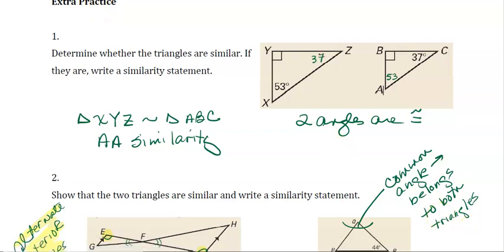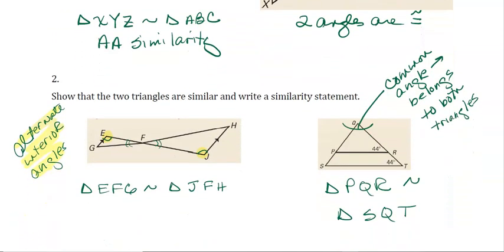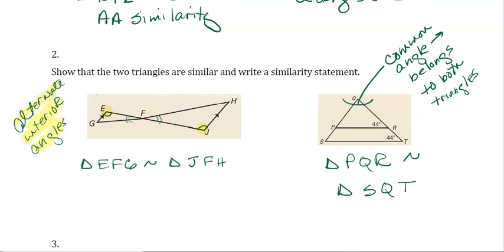Okay, there's another practice problem, and here it is. Show that the two triangles are similar and write a similarity statement. So, here you have vertical angles. Mark them. They're never going to mark them for you. You have to mark them.